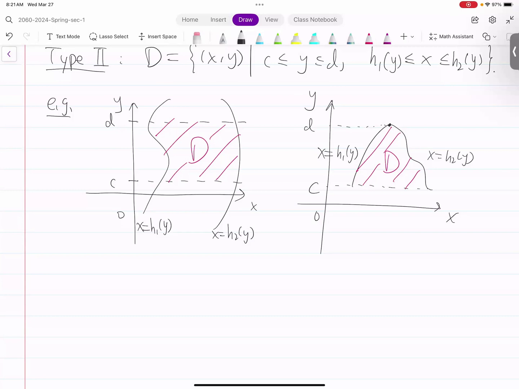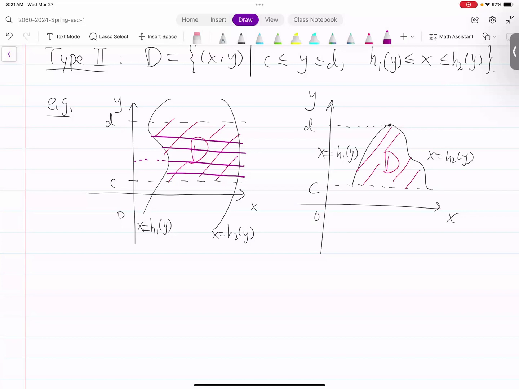So when you think about the bars that are either vertical or horizontal sweeping this region, you can think about these as horizontal bars. Basically, whatever y value you specify from c to d, you can draw a horizontal bar.